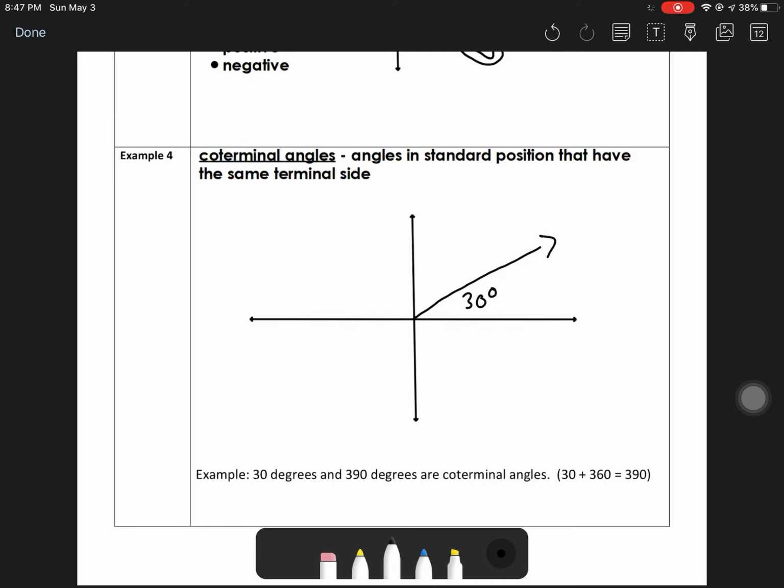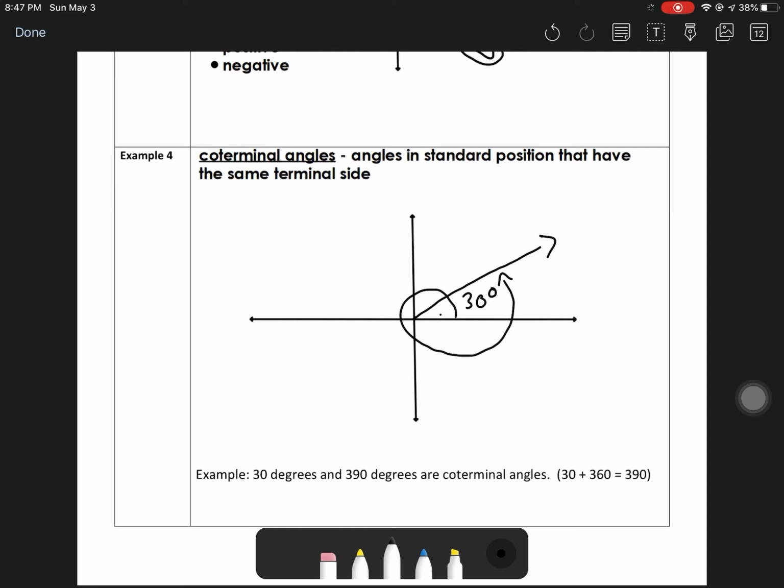So here's 30 degrees. If I want a coterminal angle, something that's coterminal with this 30 degrees, I'm actually going to complete a whole rotation plus the 30 degrees. So here I'm looping around all the way back up.